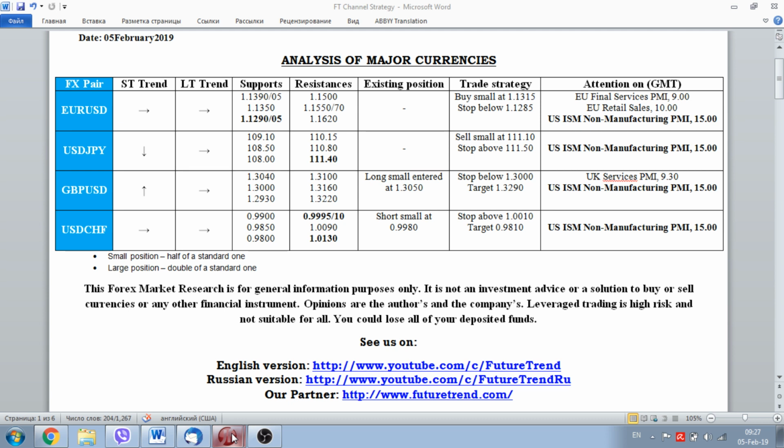Anyway, from a technical point of view, it will be more interesting and more important to emphasize the technical analysis of the major currencies, taking into account that today the economic calendar is more or less empty. There is some data, for example, the non-manufacturing purchasing managers index from the United States ISM Institute.